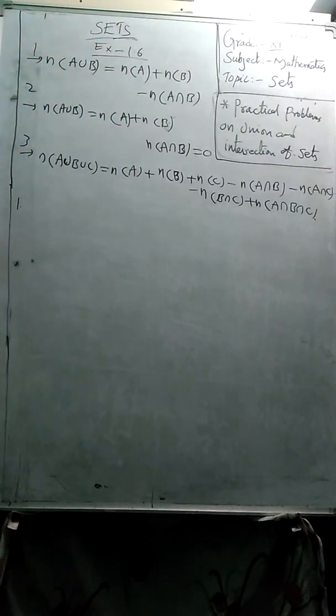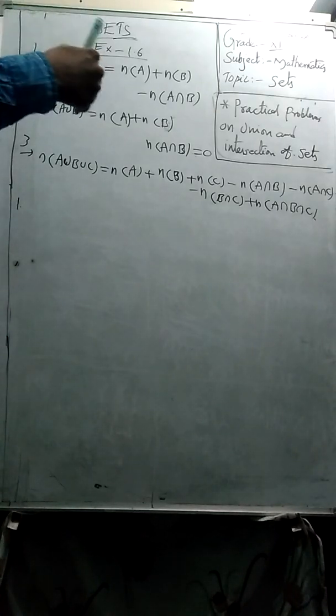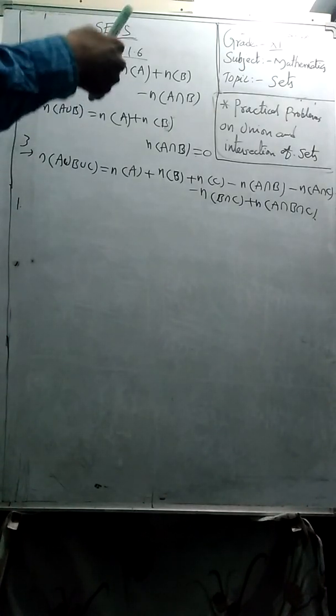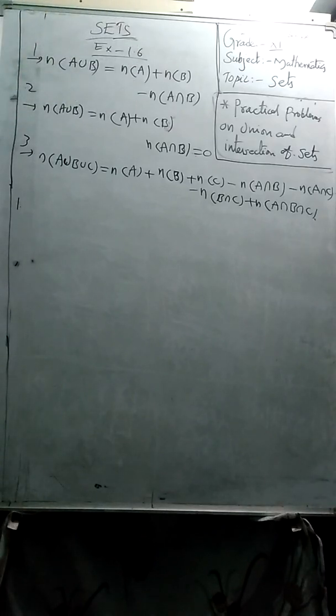Okay students, what are the concepts you have learned till now? Let me revise once. First, introduction of sets. Second, types of sets. And third, how to represent a given set in roster form, list form, as well as how to convert roster form to set builder form and back. Set builder form means writing the set by using a property.